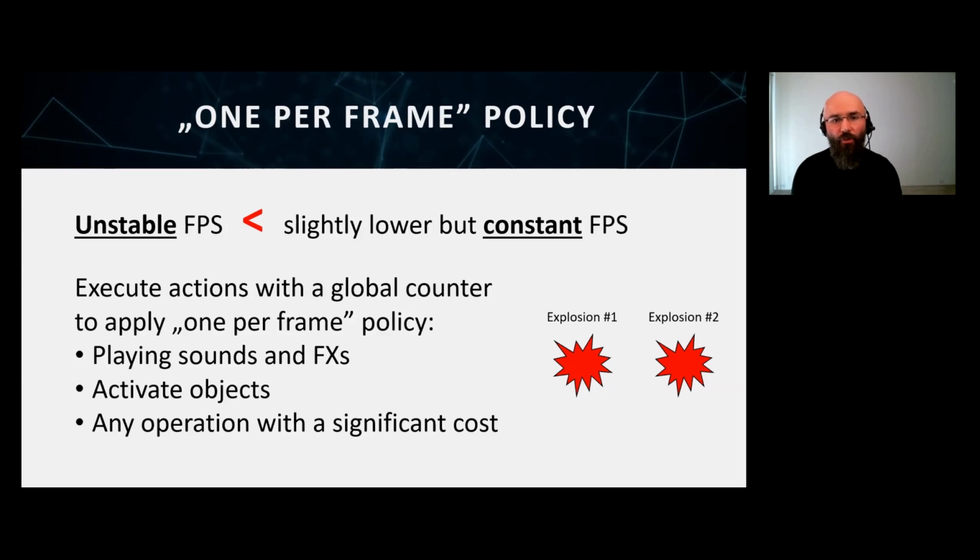Just delay execution: make a queue to trigger that thing one frame later. Usually, for explosions, nobody will notice that you are not executing two explosions on exactly the same frame. So we still have two explosions, one on the previous frame and one on the next frame, and you are not trying to execute too much code in one frame, effectively avoiding big hitches in your performance.